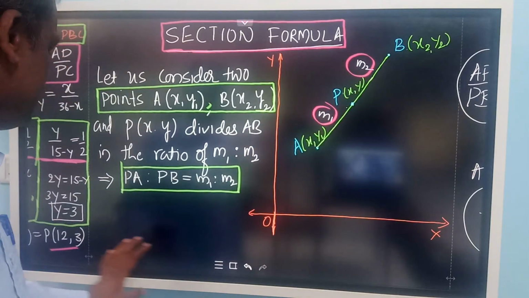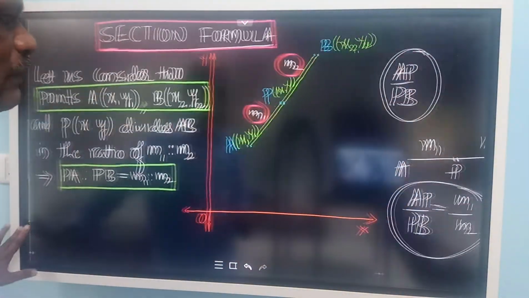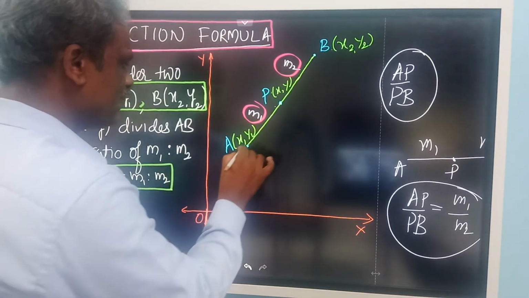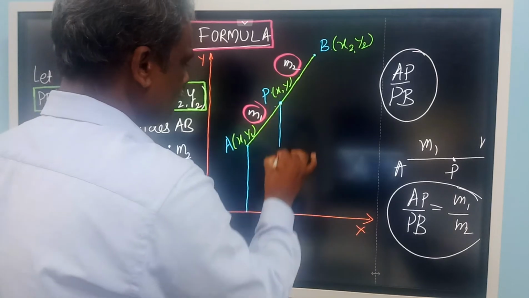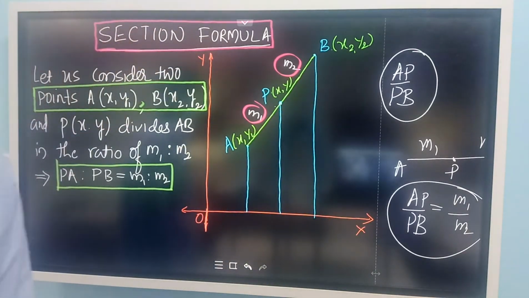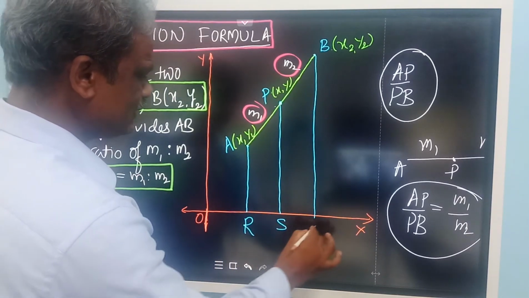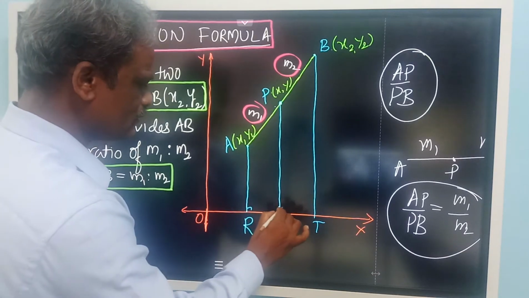So now the same thing we will do that we did in this case diagram. Let us drop the perpendiculars here. What do you get? Let us see now. Perpendicular, let us take. Here also one perpendicular. Then from here also one perpendicular. So three perpendiculars we have drawn to find out the section formula. Let us take these points as R, S, T. All these three are perpendiculars.